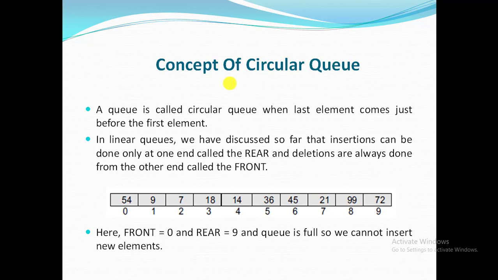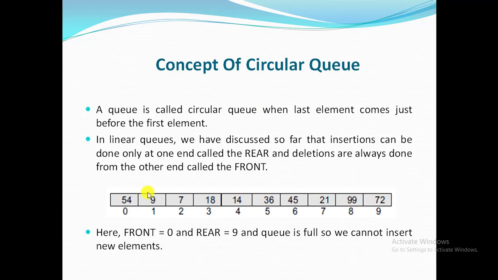In linear queue, we have discussed so far that insert can be done only at one end. So in a linear queue, insertion of an element can be performed at the rear end and deletion of an element can be performed at the front end.